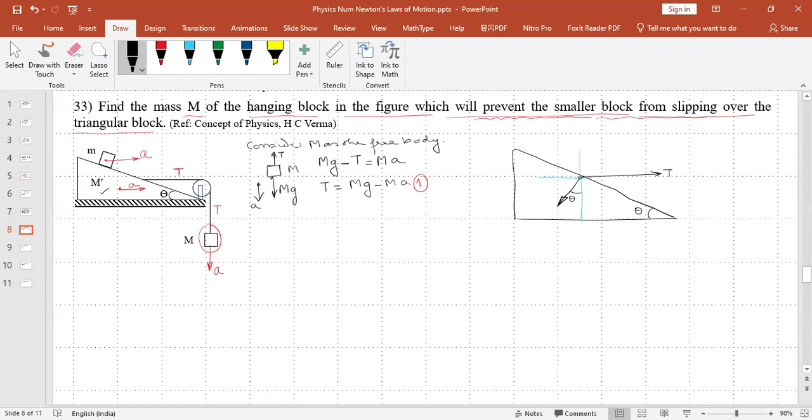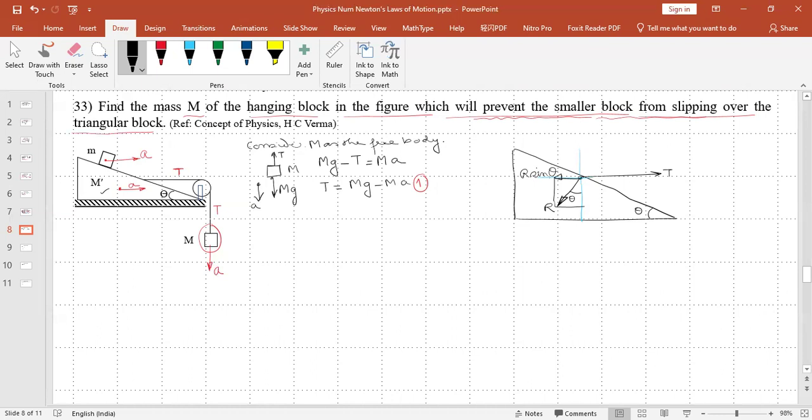On the big block, what do we find? Say this reaction force applied by the small block, small m, on the inclined surface is R. Then the component of this force in the horizontal direction is R sin theta.